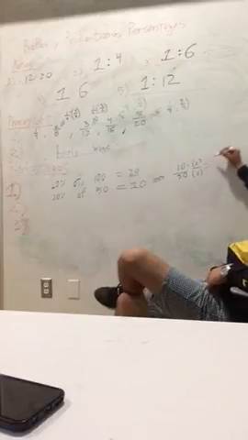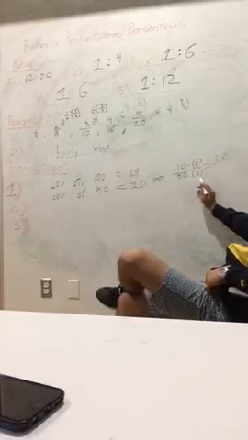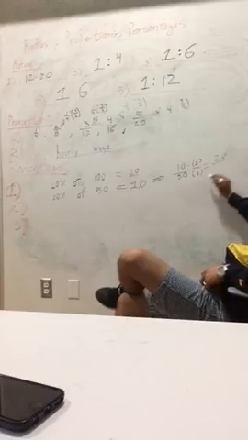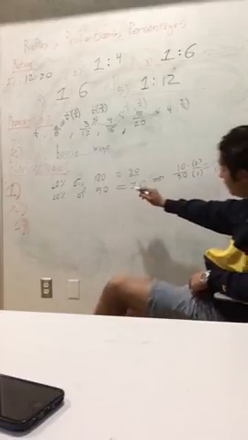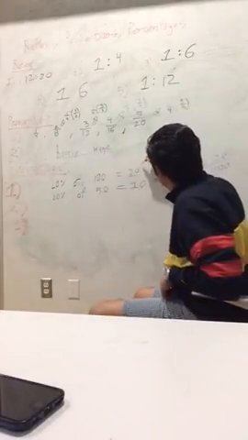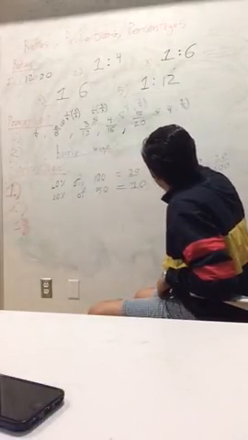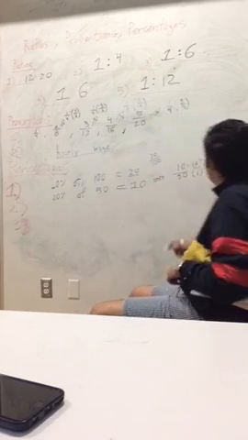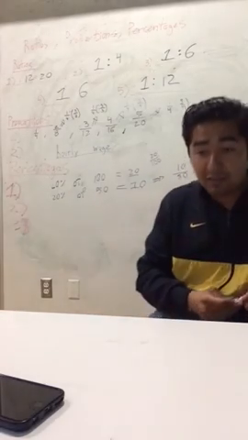So 10 times 2 is 20, and 2 times 50 is 100. You see, we end up with the same fraction that we had previously, 20 over 100.